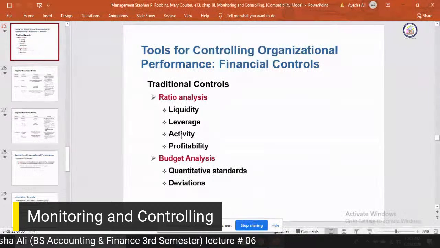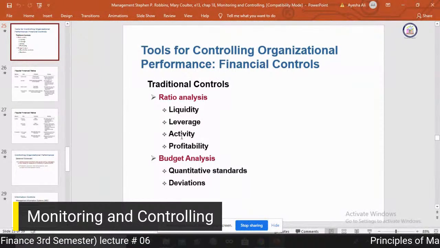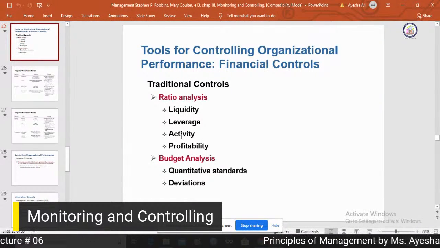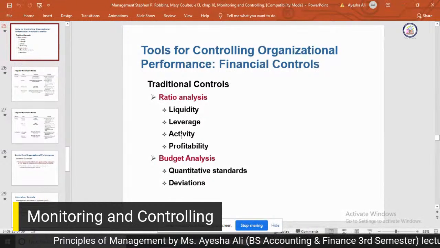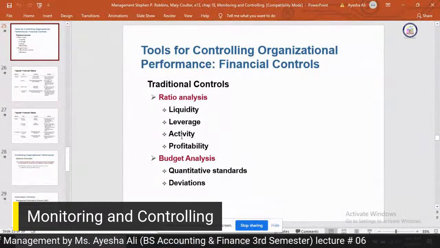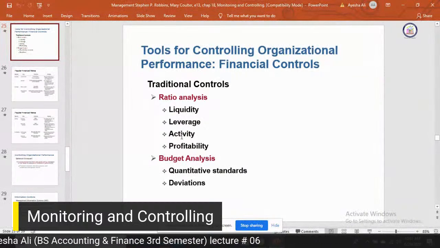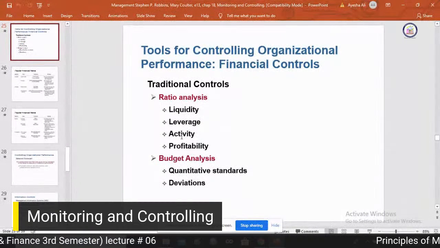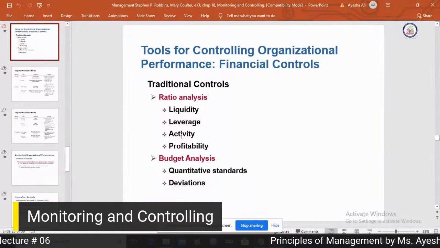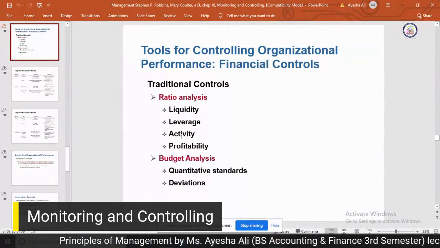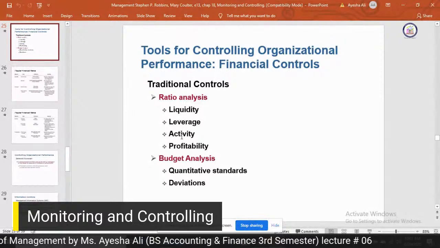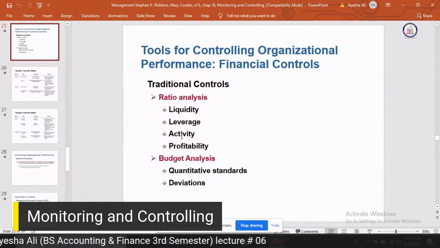And then we have budget analysis, in which we have the quantitative standard and deviation. So, what is the quantitative standard? Basically, a quantitative standard is that we set some sort of benchmark for our organization, and then we try to achieve it.